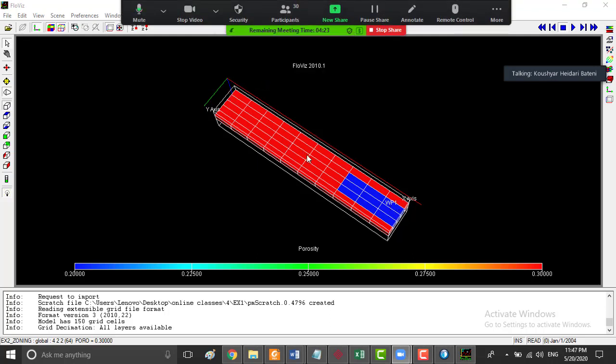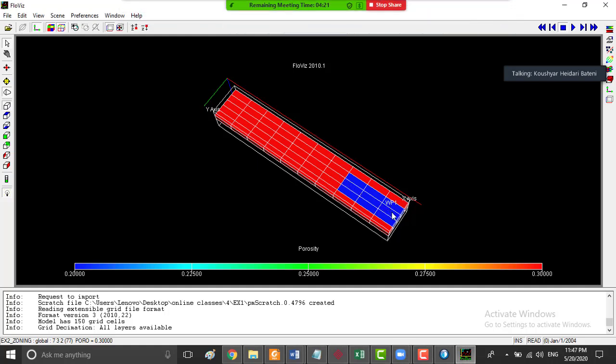And then 7 cells for the high porosity region, 3 cells for the low porosity region, 7 cells for the high porosity region, 3 cells for the low porosity region. And at the end, 10 cells for the high porosity region. Okay? That is how we write the properties for various cells, by considering their order. This is how we use our knowledge of the order of the cells in our model. Okay? Very good.